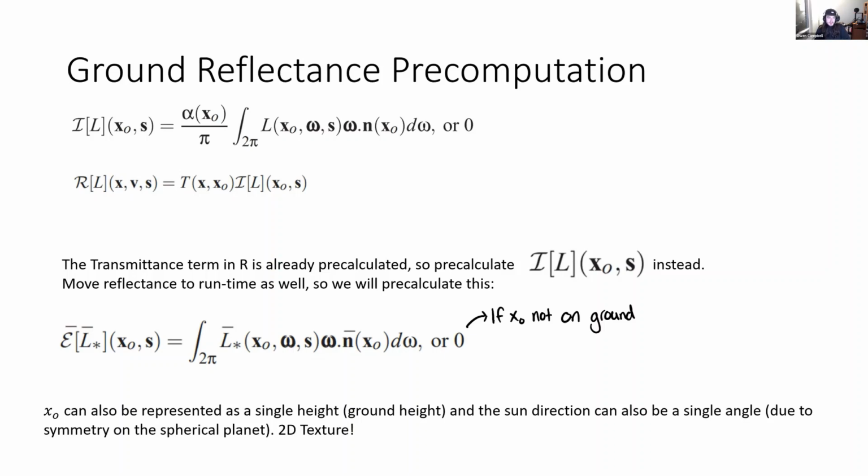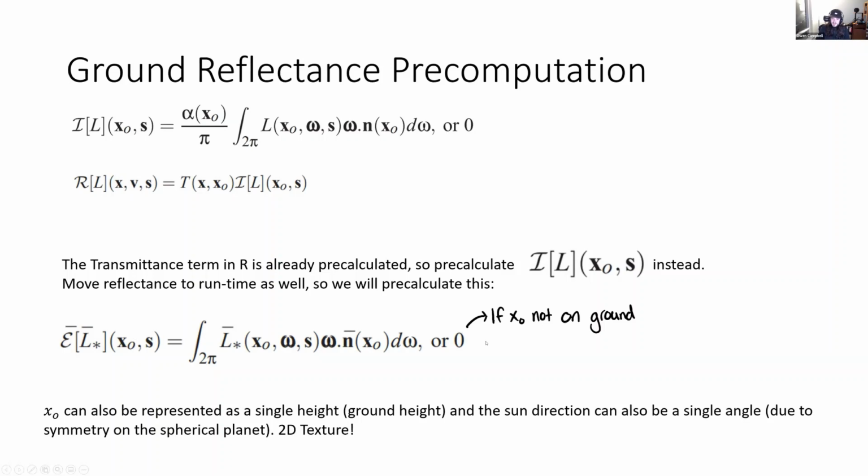So we'll pull that out of I and just make sure we apply it at runtime. All we actually want to calculate offline is this epsilon equation here, which is basically just the integral part of the I.